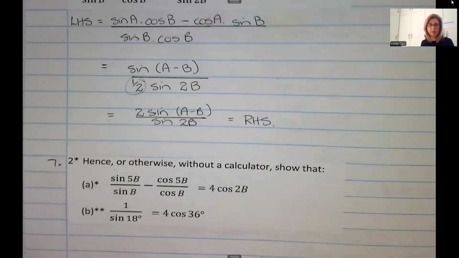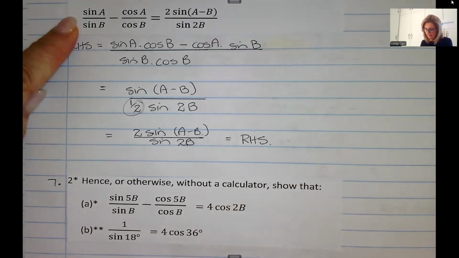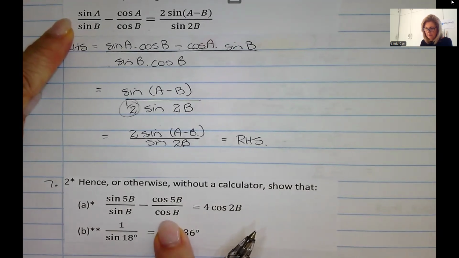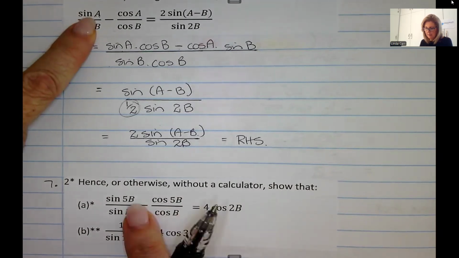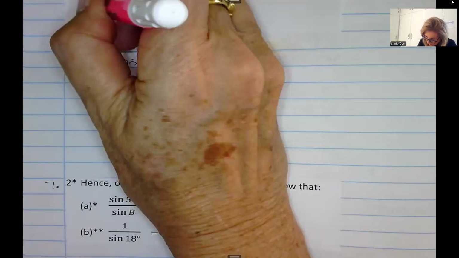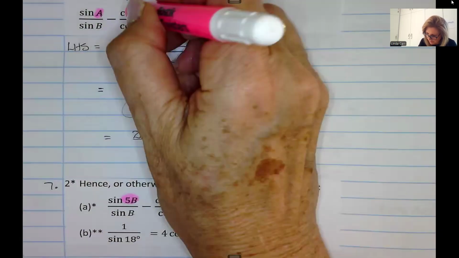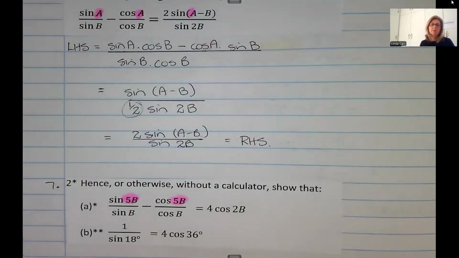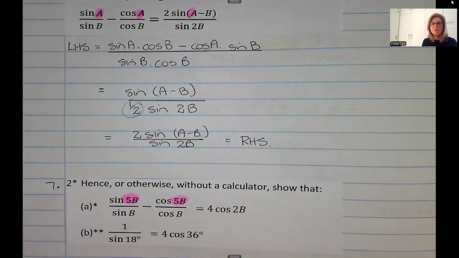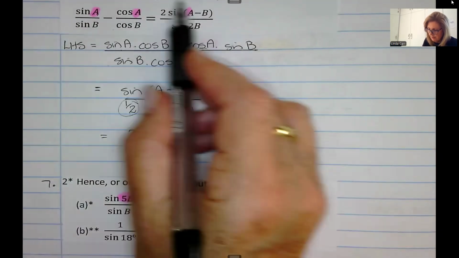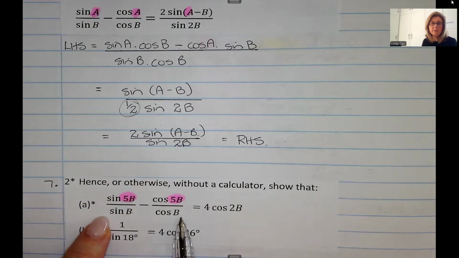Okay, so if I compare 7.1 and 7.2, can you see that the A has become 5B? So all my A's have become 5B's. Everything else has stayed the same. So I'm allowed to use this result to make this question a little bit quicker to do.